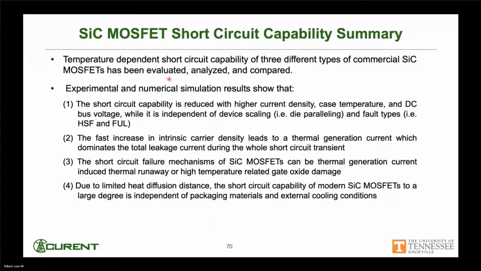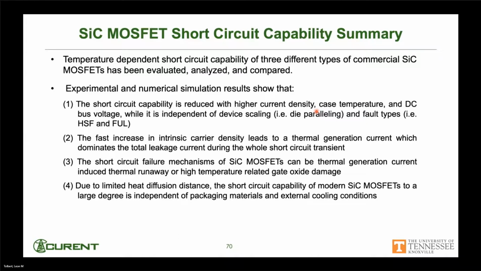So, you know, the short circuit capability is reduced when you have higher current density. And so that is a disadvantage of silicon carbide compared to silicon. Short circuit capability is much less for silicon carbide devices.